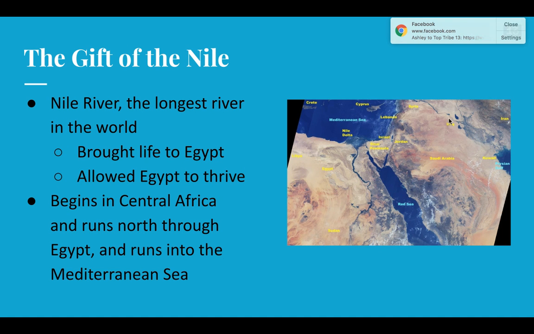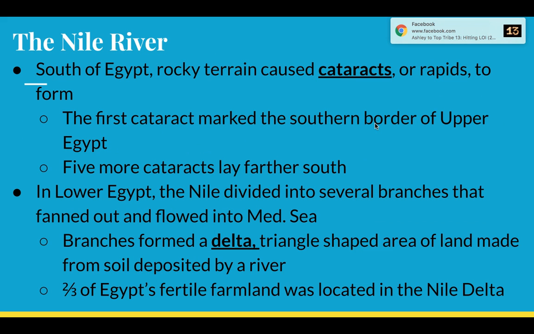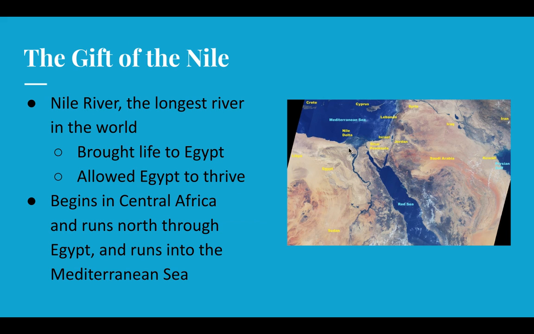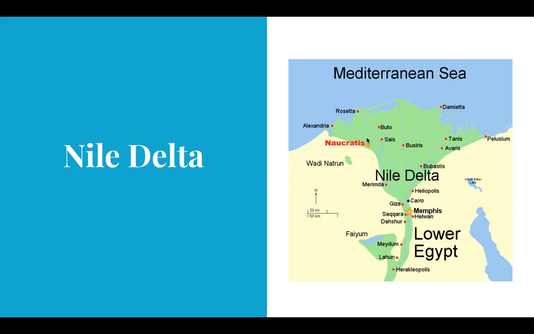And if we look back, this is what they're showing you there. The branches formed a delta, a triangle-shaped area of land made from soil deposited by a river. And 2/3 of Egypt's fertile farmland was located in the Nile Delta, and this is the actual delta right in there, marked on that map for you. There you go. If you can see, all those little water sources sprawl out from there.